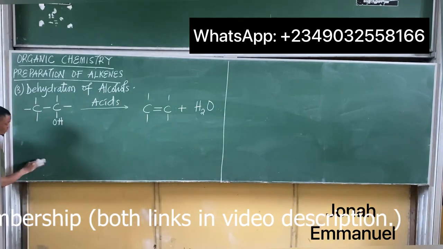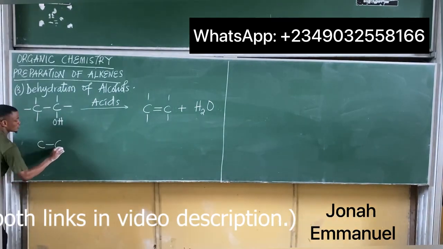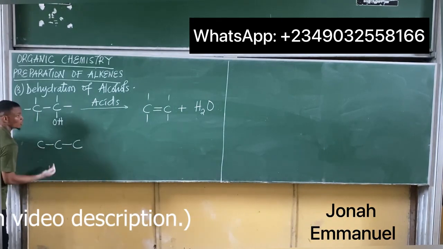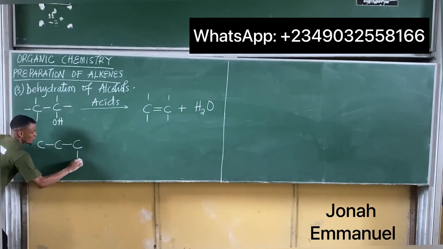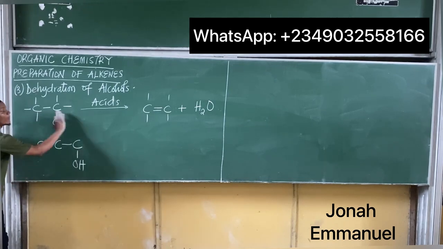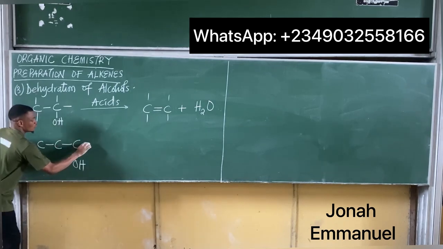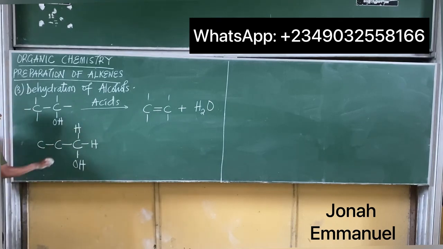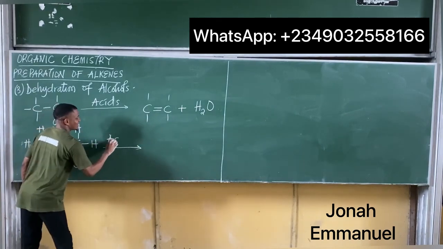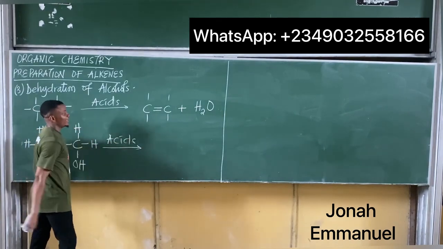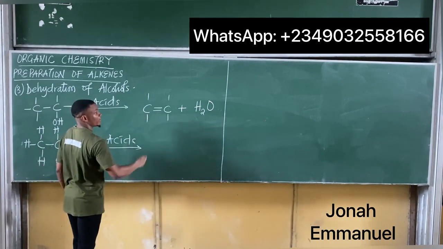If I use prop, it is 3 carbons. I'm having 1, 2, 3. This one is prop. For it to be a propanol, there has to be an OH. So I'll attach OH here, and then complete the structure. I'm having 1, 2, 3, and then 4. Okay, so using an acid there gives you propene.